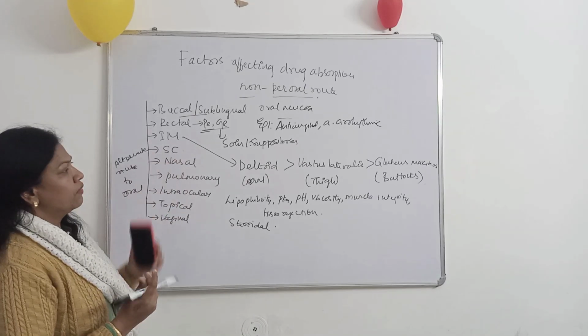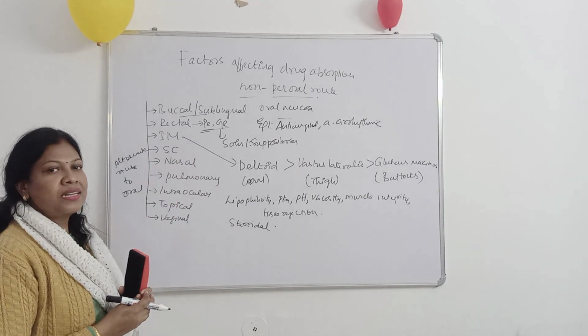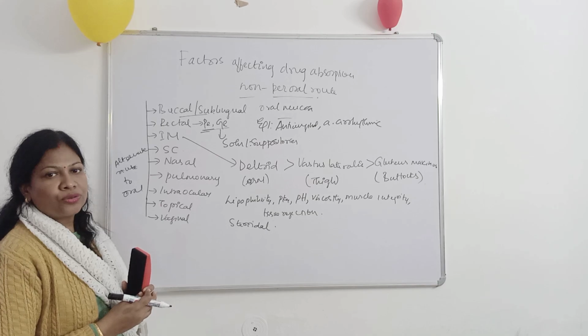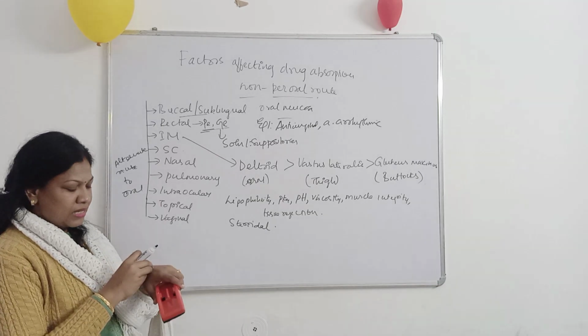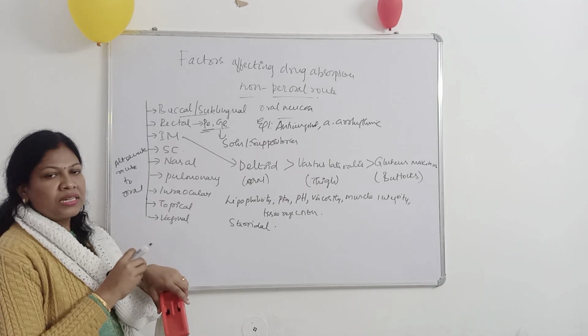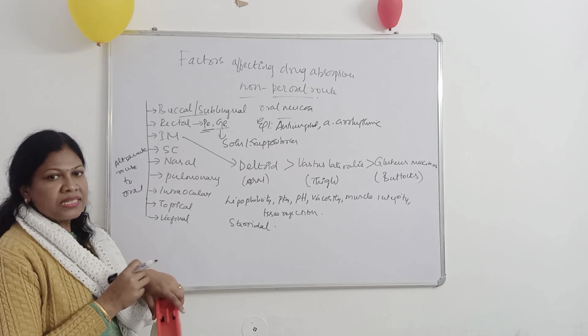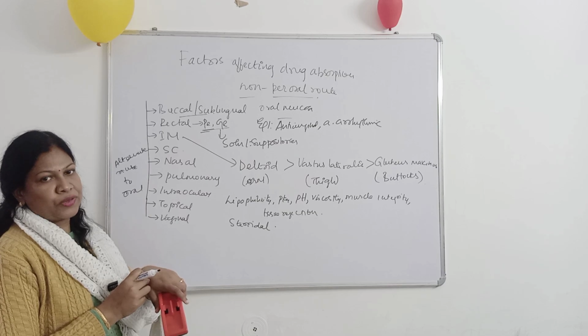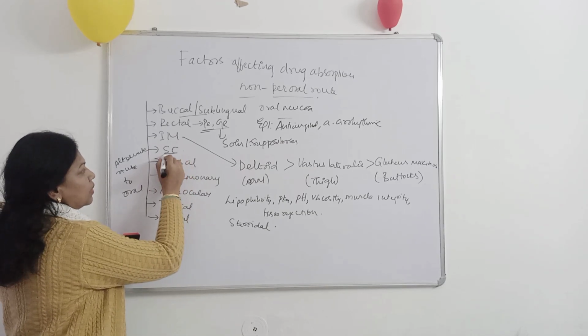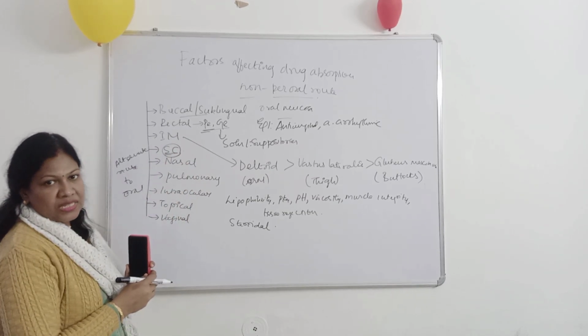And then we have another route, subcutaneous. Again, this is also a parenteral route of drug administration, just below the skin region. We have three layers: epidermis, dermis and subcutaneous layer. So the drug is administered to the subcutaneous layer.